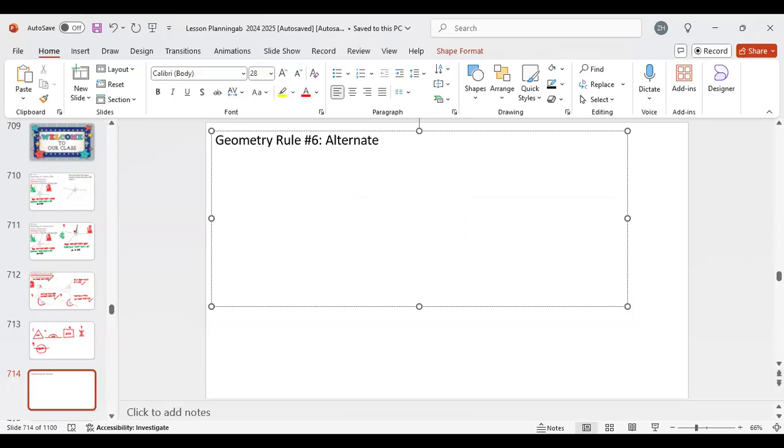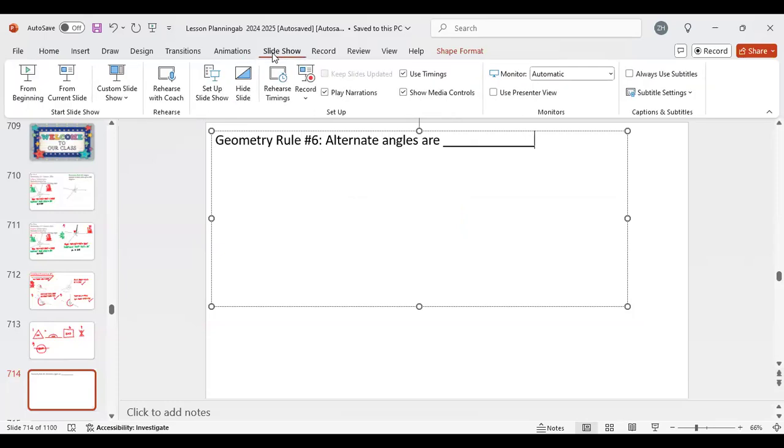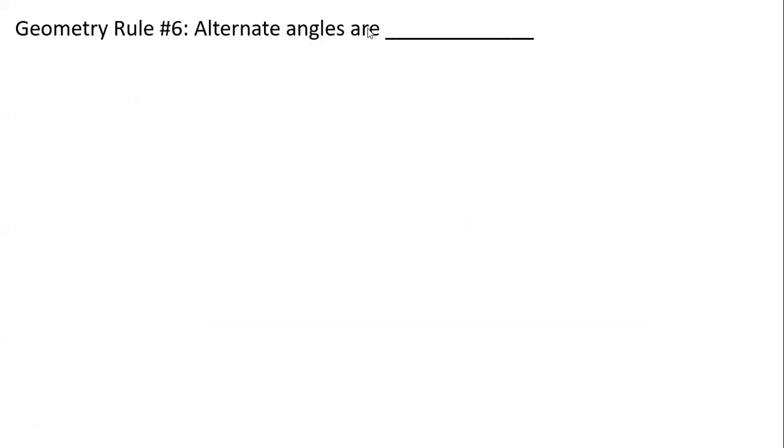Again, sometimes people call it alternate interior angles, but alternate angles are blank. What do you think it is? Are they equal? 70, 80, 90, 180, 360? Are they parallel?